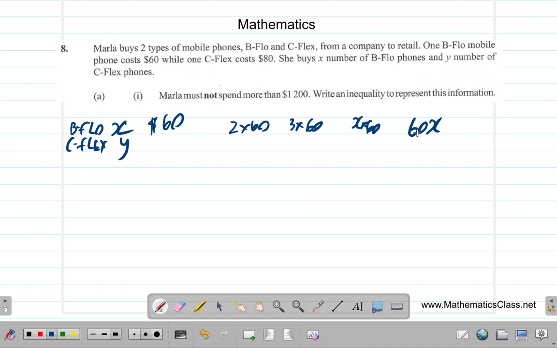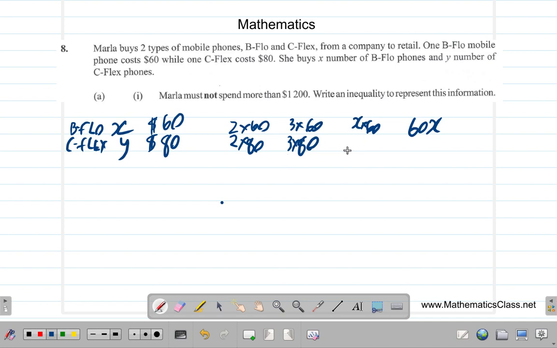Now for the C Flex, how much for a C Flex? $80. So if she buys 1 C Flex phone, she spends $80. If she buys 2 C Flex phones, she spends 2 times 80, that's $160. If she buys 3, she spends 3 times 80, $240, and so on.